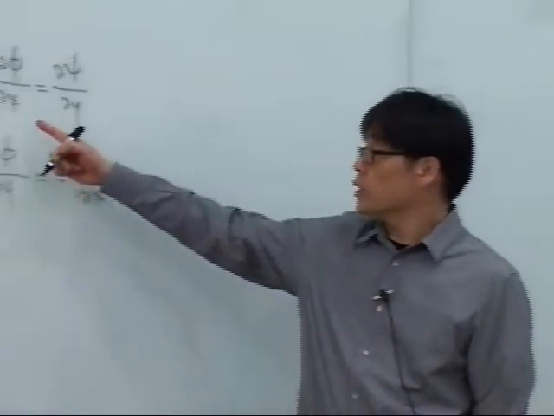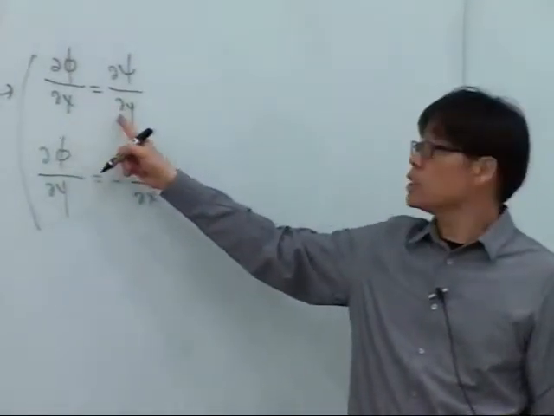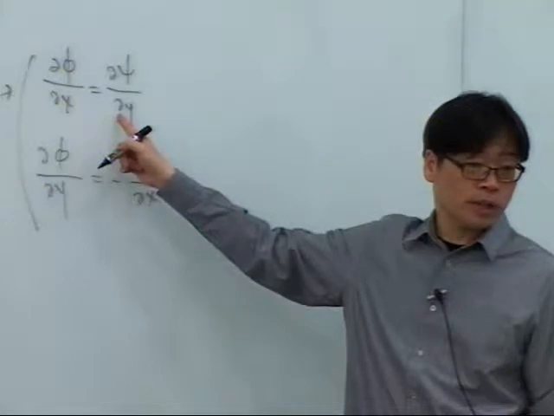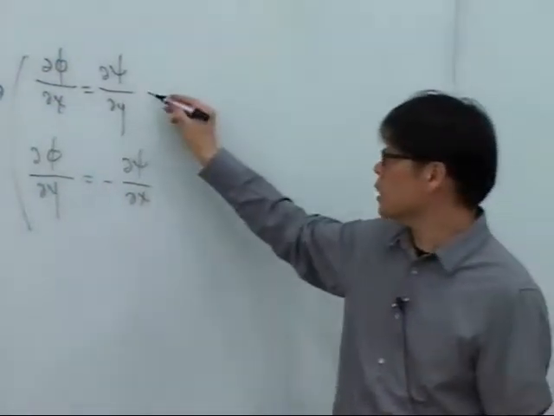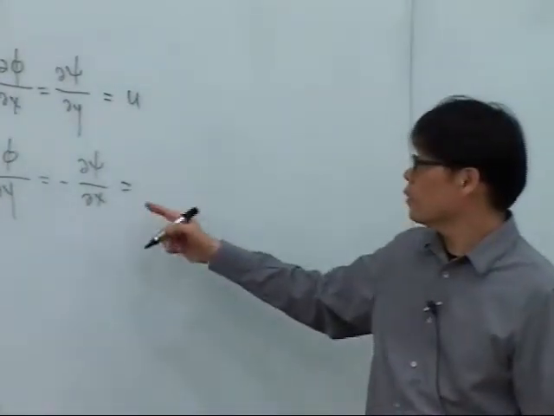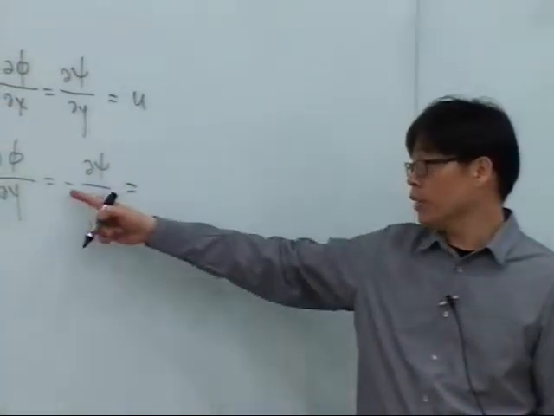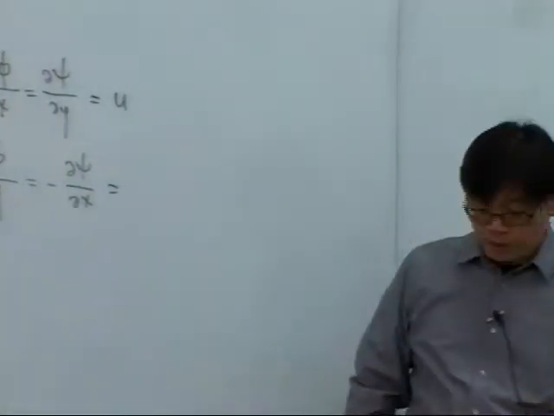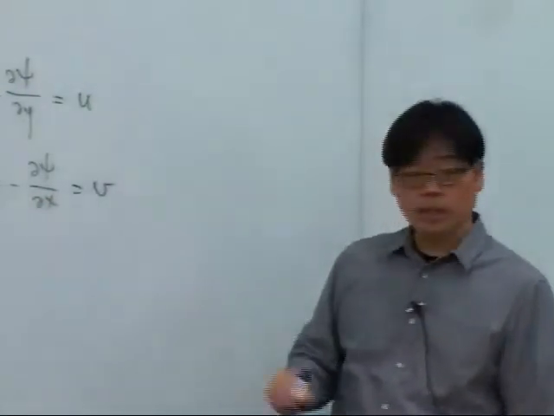As you can notice, d phi dx, by definition, is a horizontal velocity, and d psi dy is also horizontal velocity. When you take a y derivative of a stream function, that's the definition of u. And when you take the y derivative of the velocity potential, or the x derivative of the stream function with a negative sign, you end up with v.